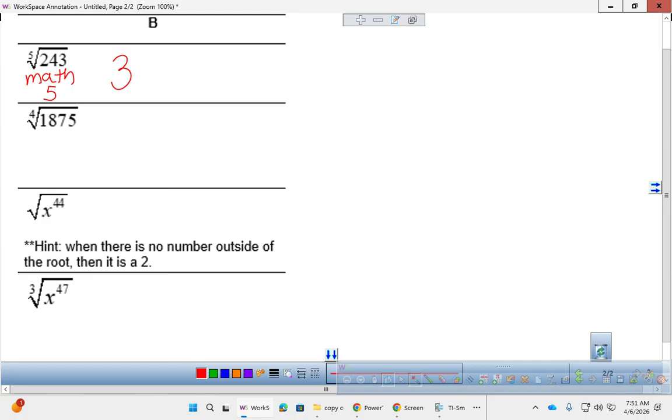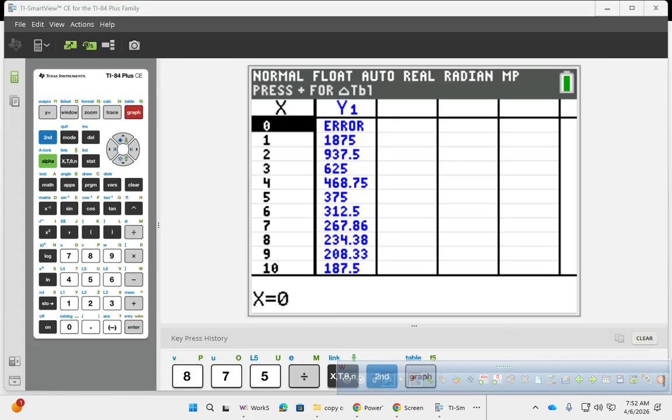Okay, so I went to my y equals screen, and I did 1875 divided by x, and I'm looking at my x to the 4th numbers, 16, 81, 256, 625. This is the number I saw, okay? So next to each other, I'm going to write 625, and then the number next to 625, which was 3.